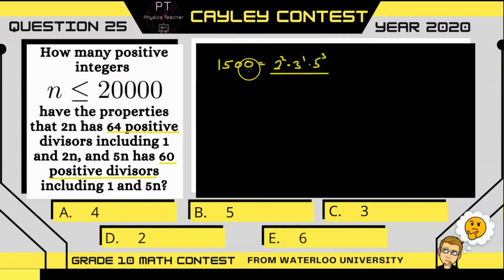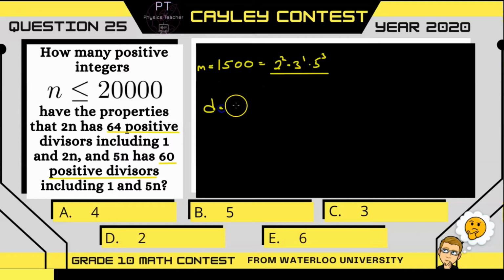Now let's say we have another number, let's call it d. Let's call this one, for example, m. If d is some sort of divisor of m, and we were to determine the prime factorization of d, it turns out that the only possible prime factors of d are the same prime factors of m.